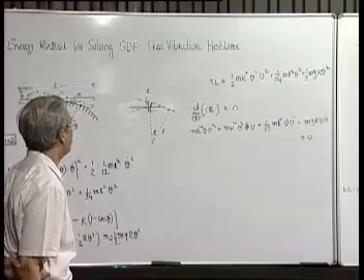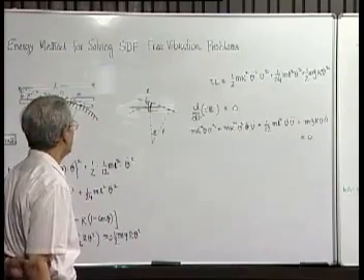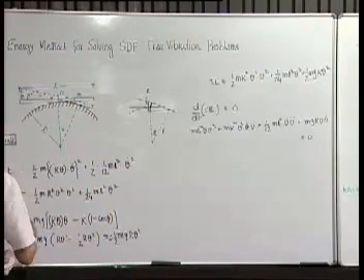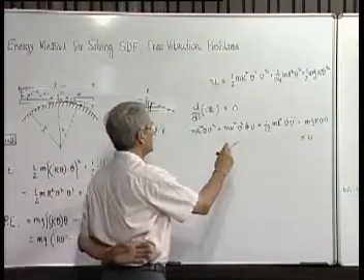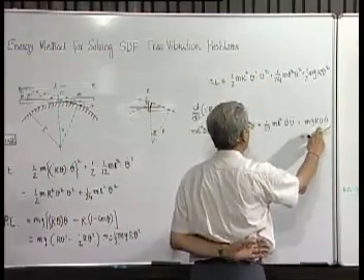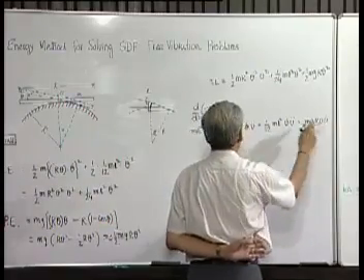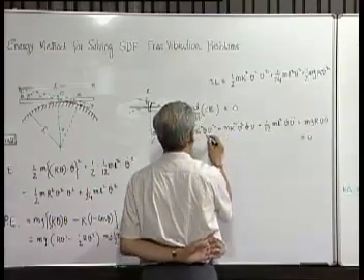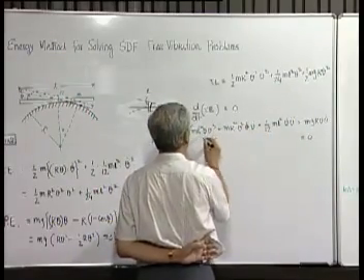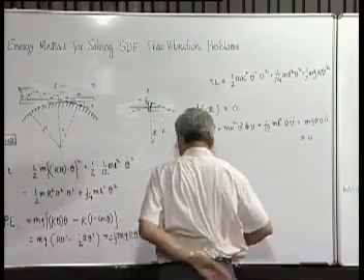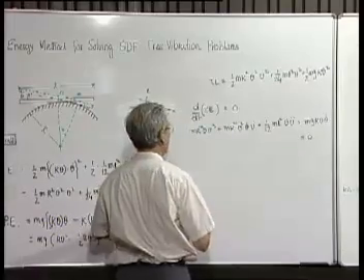Now, we have to keep in mind that theta is small, so theta dot also will be small. So compared to these two terms, the theta squared term and the theta dot cubed term can be considered very small and can be neglected.